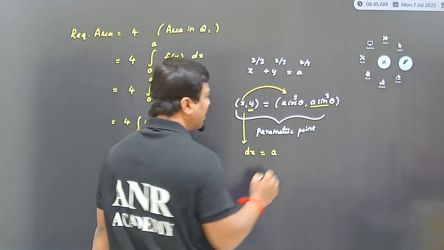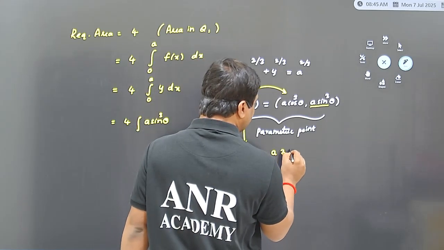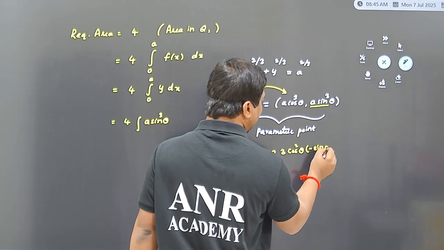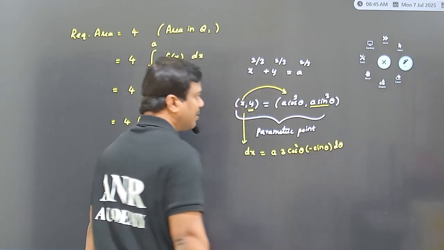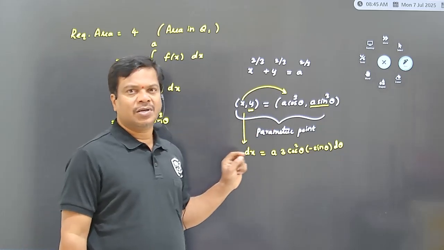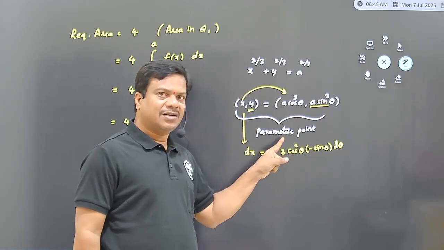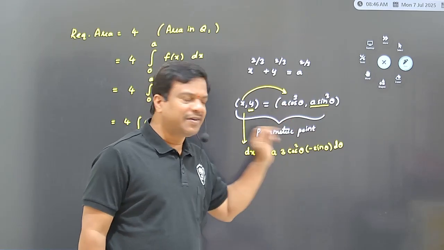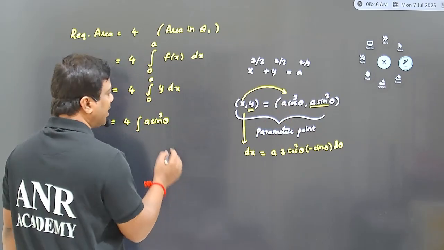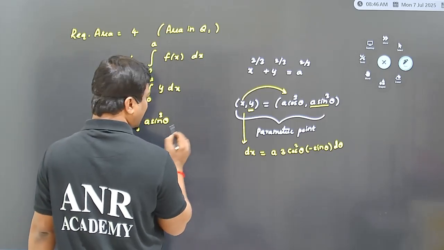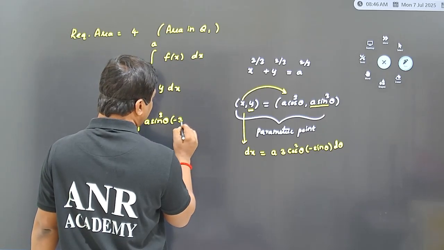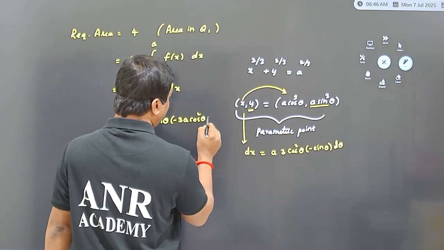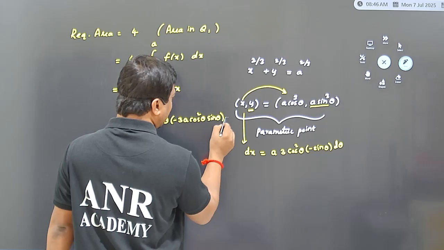Next, the derivative of cos cube theta is 3 cos squared theta multiplied by minus sin theta d theta. It looks like x cube. The derivative of x cube is 3x squared, right? So the derivative of cos cube theta is 3 cos squared theta and the internal part, the derivative of cos theta, is minus sin theta. So dx can be replaced with minus 3a cos squared theta sin theta d theta.